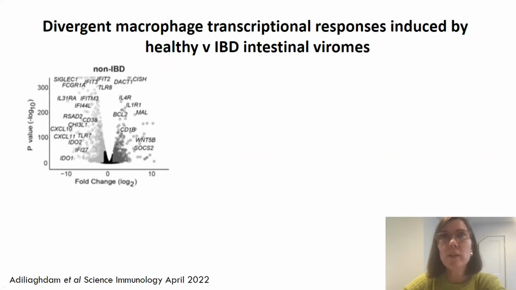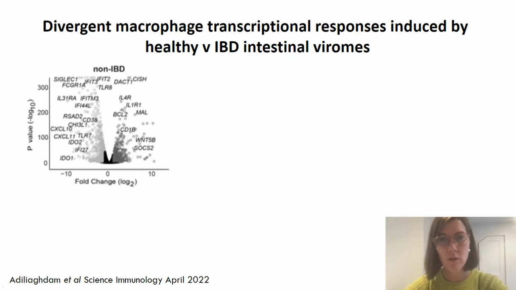So what were the genes induced in macrophages by these respective viromes? As you can see, the healthy virome very much dampened the interferon response. These viruses collectively downregulated a number of interferon stimulatory genes, a number of toll-like receptors, a number of IFITs, and so on, all significantly downregulated in macrophages. What they did upregulate was a very atypical program.